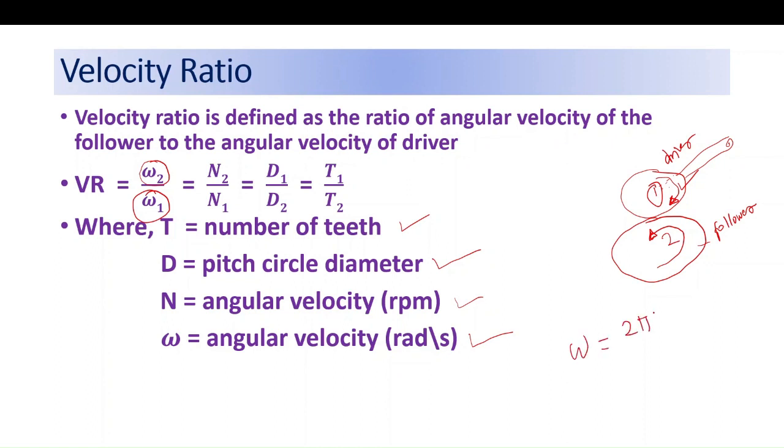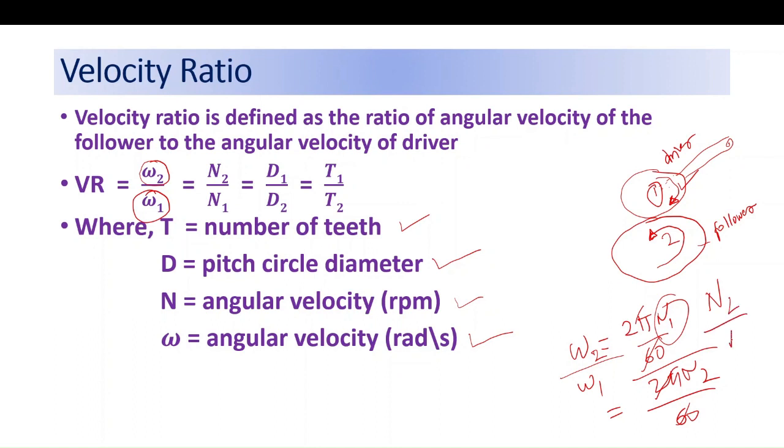Omega is 2 pi n upon 60. So if we take the ratio omega 2 by omega 1, we get 2 pi n2 upon 60 divided by 2 pi n1 upon 60. Cancelling these terms, we get n2 upon n1.